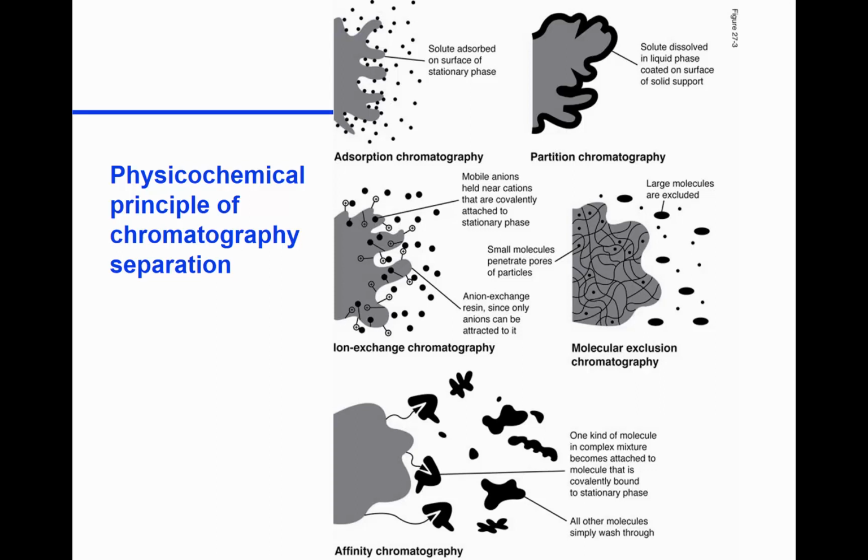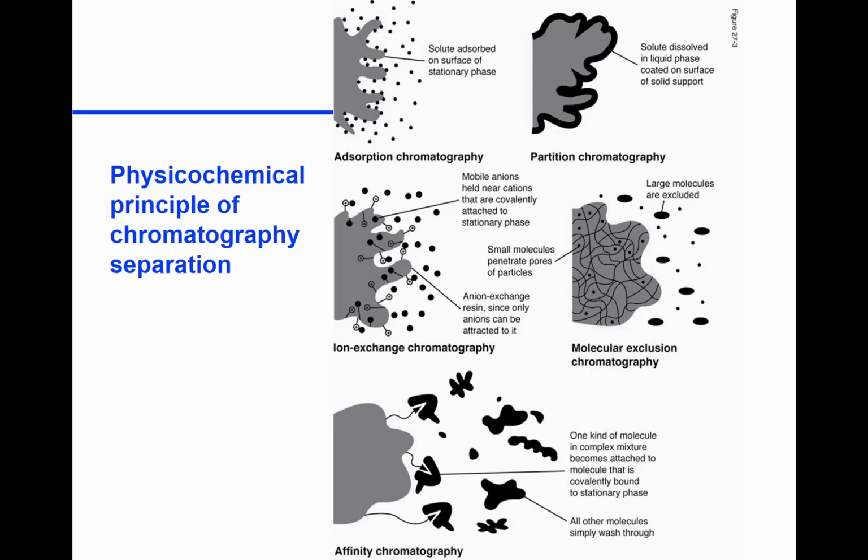The basis of separation, the physicochemical basis or principle of separation. We have several modes of separation that we use in liquid chromatography. This only applies for liquid chromatography. It does not apply for gas chromatography.